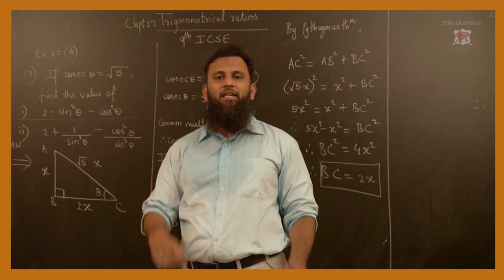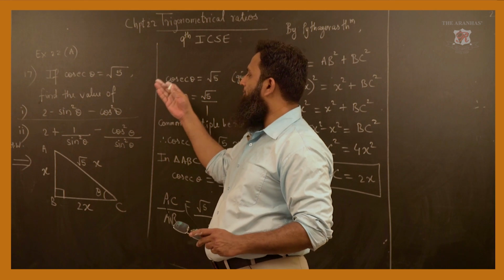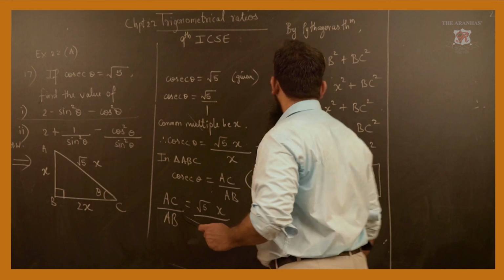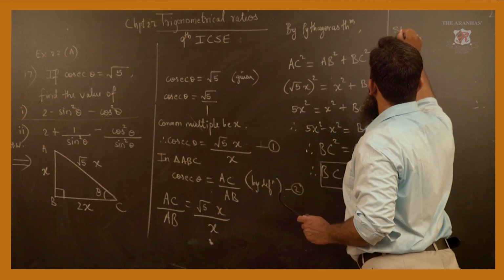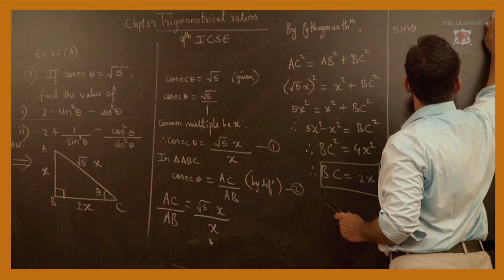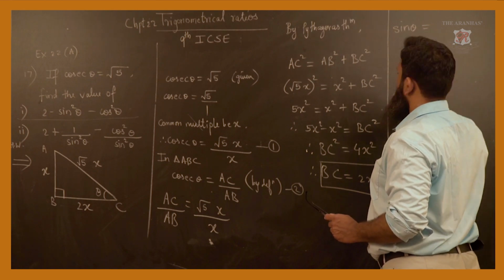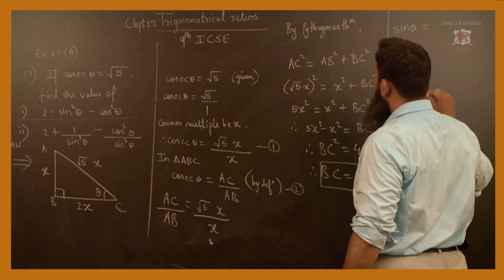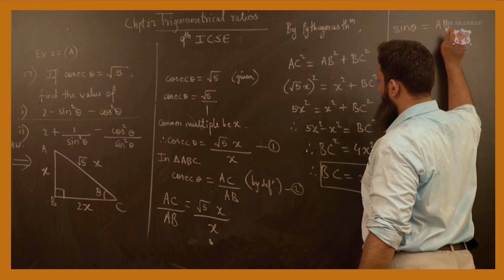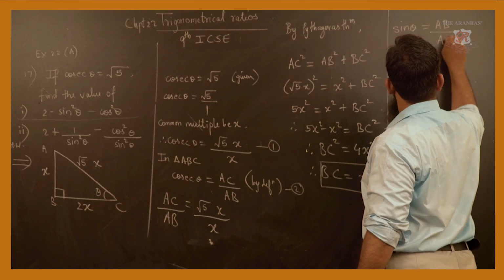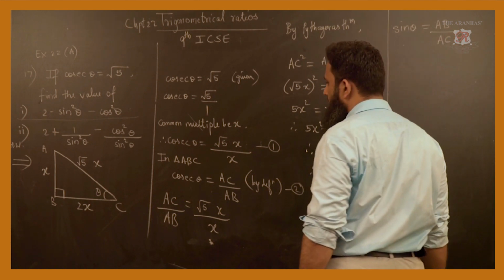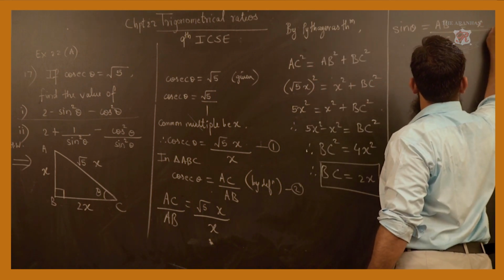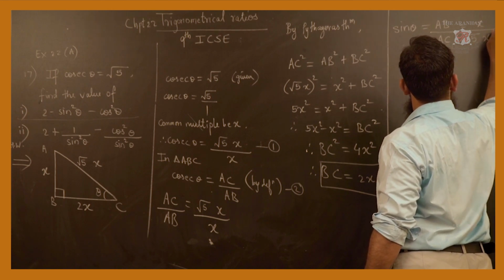Now the job is absolutely easy. Let it be the first question or let it be the second question. You are aware of the formulae of the trigonometric ratios. Sin theta is the perpendicular to hypotenuse, AB upon AC. AB is x and AC is root 5 into x.